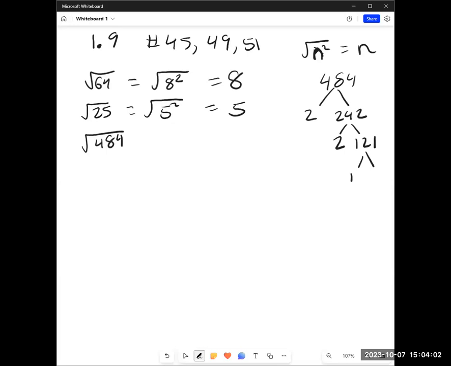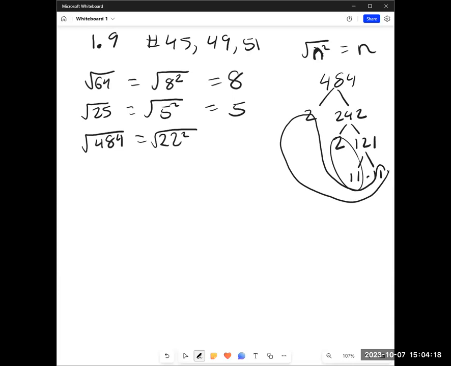I recognize 121 as 11 times 11. So this is 22. There's a 22. And there's a 22, right? So 22 times 22 is 484, and the square root is 22.